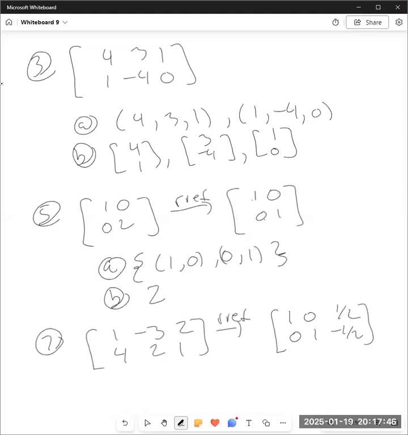So my basis for the row space is 1, 0, 1 half, comma, 0, 1, negative 1 half. And there are 2 vectors in that basis for my row space, so the rank is 2.